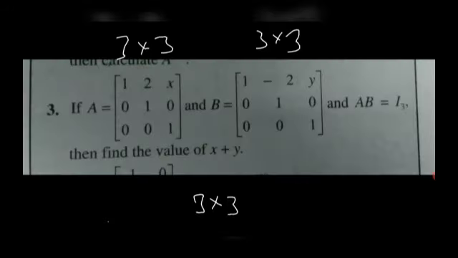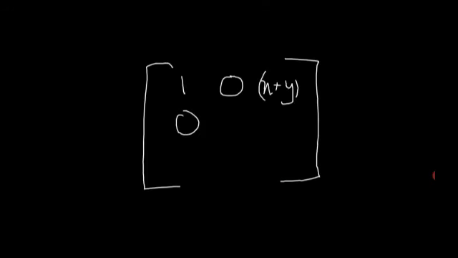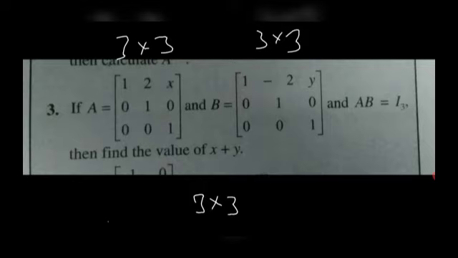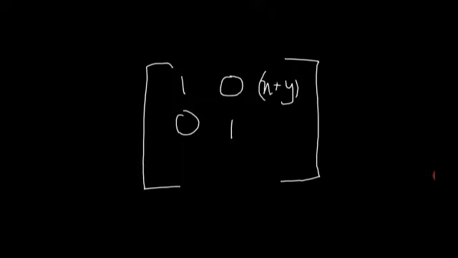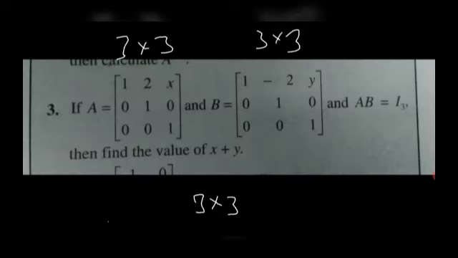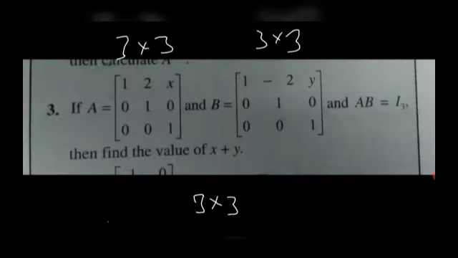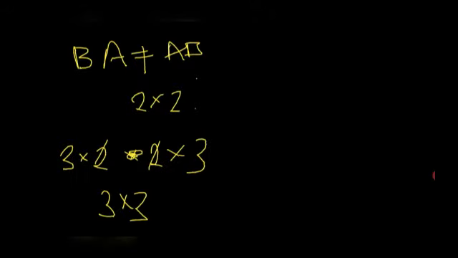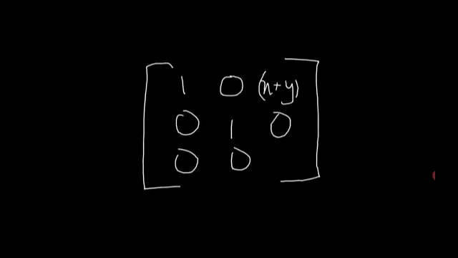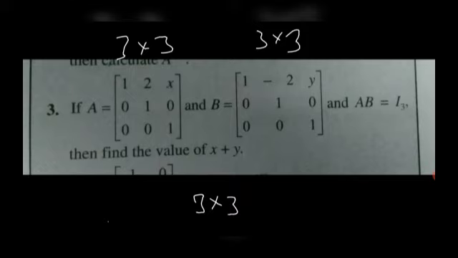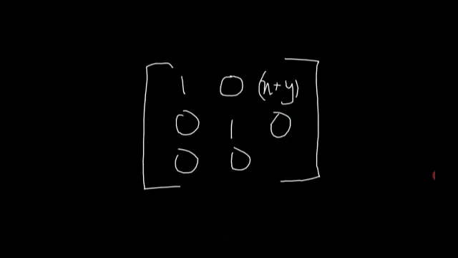Next one, 0 1 0, it will be 1. Next one will be 0 0 0, everything 0. Next one will be 0 0 0 0 0. Next one also 0 0 0. Next one will be 1.